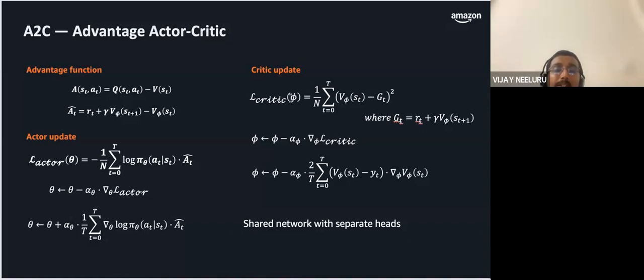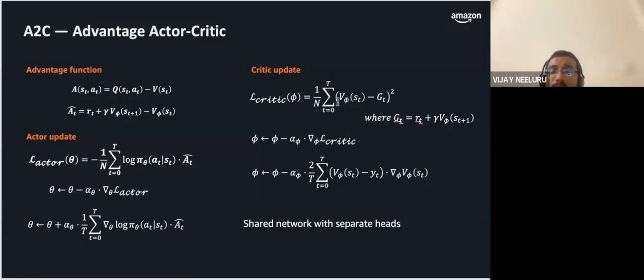The next is the critic update. The critic parameters, denoted as phi, are updated to minimize the difference between the value estimate of the critic network and the target value, denoted as G_t. The G_t is typically the TD, temporal difference, target, which is the reward at time t plus the discounted estimated value of the next state.